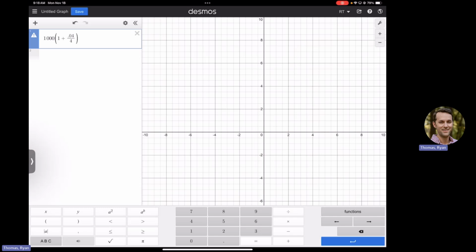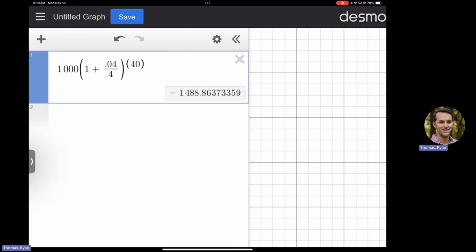Now if your calculator kicks up to the line where you enter the exponent, you can type in 4 times 10 and just make sure that 4 times 10 stayed where it was supposed to be. If it doesn't, you might need a set of parentheses, or better yet, what's 4 times 10? 40. You could just do that, right? So it is 1488.86. Money, right? So round to 2 places for cents. So 1488.86 is correct.